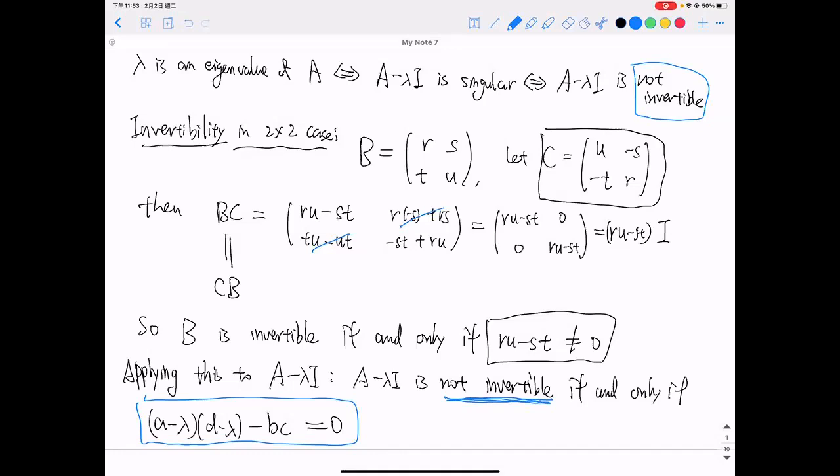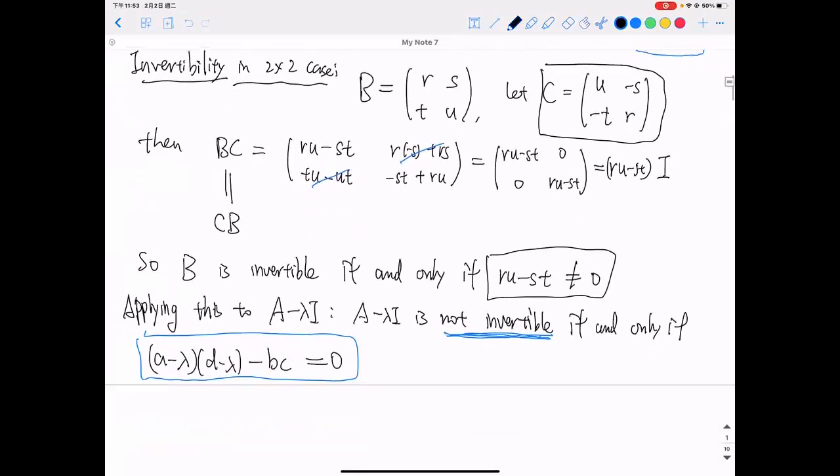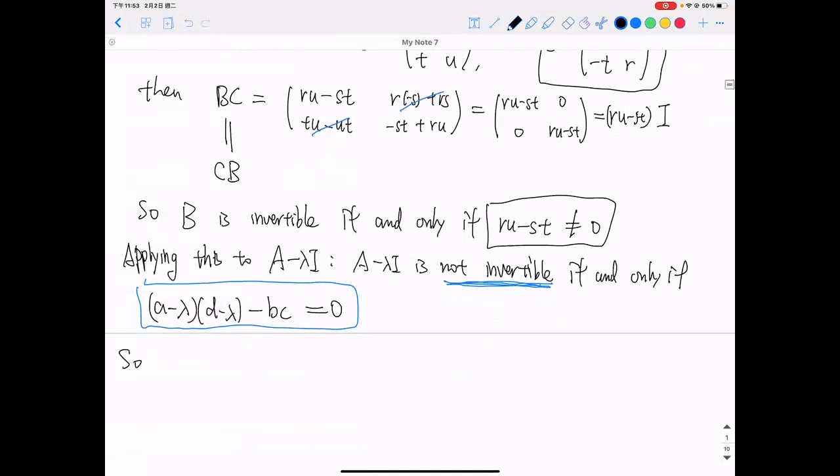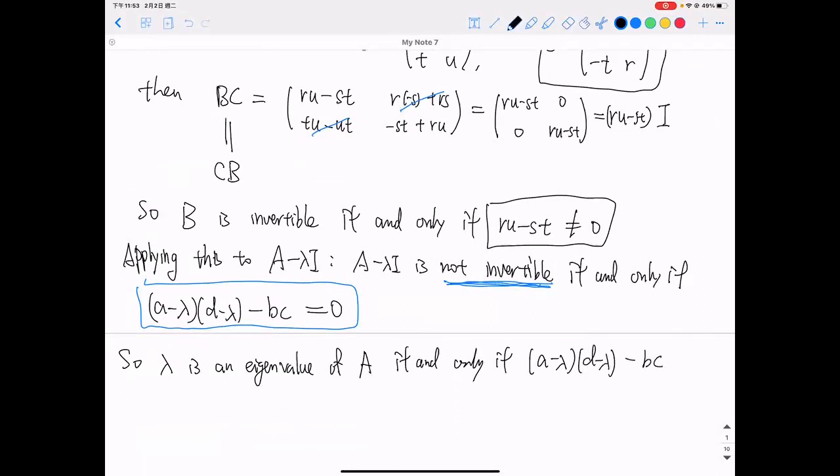So lambda is an eigenvalue of A if and only if this equation holds: (A minus lambda)(D minus lambda) minus BC is equal to 0.